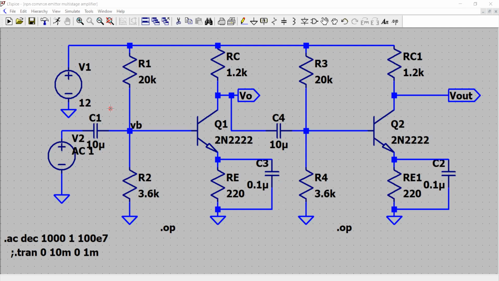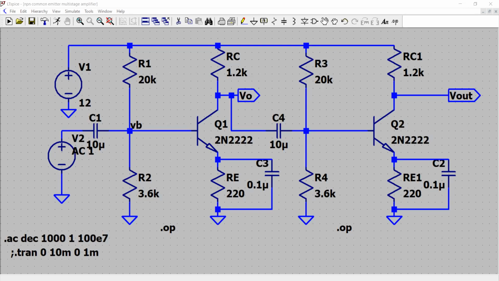It is called an AC coupled amplifier, because I'm using capacitors to couple the signals, for example, the input signal to the amplifier stage, and here the output of the first stage to the input of the second stage, I'm again using a capacitor. So that's why it is called AC coupled, and also AC coupled common emitter stages.